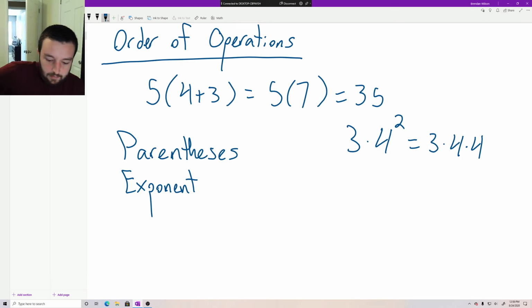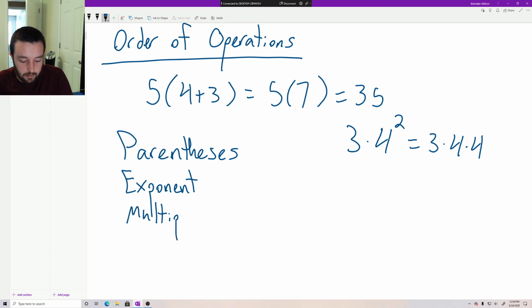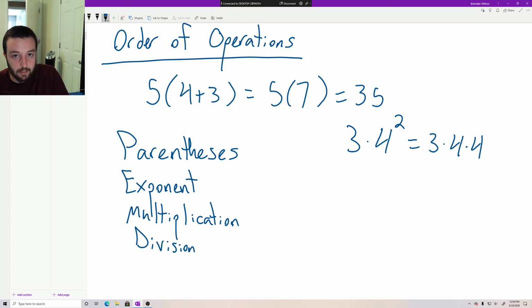After that, we have multiplication, division, addition, and subtraction. The multiplication and division should come first. This is more of a convention.